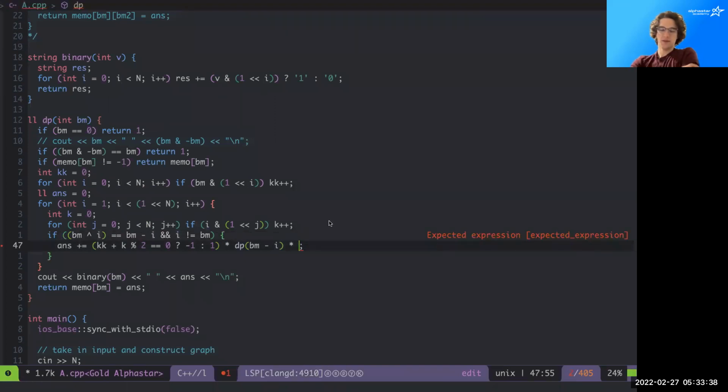So we don't want to know dp of I here. We want to know the number of cycles that go through these vertices using the adjacency list.